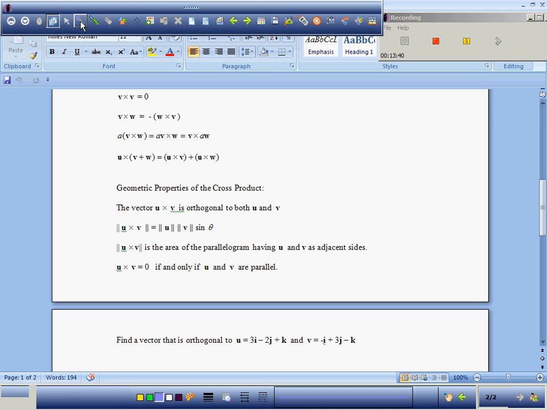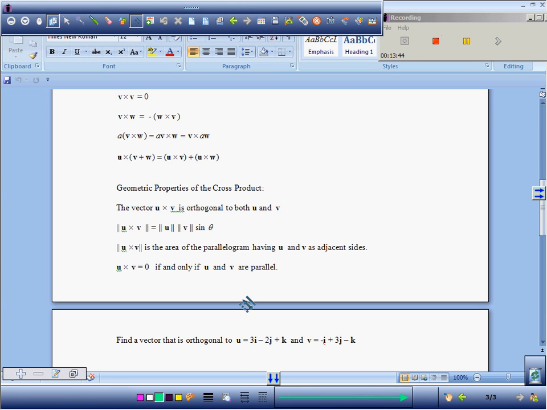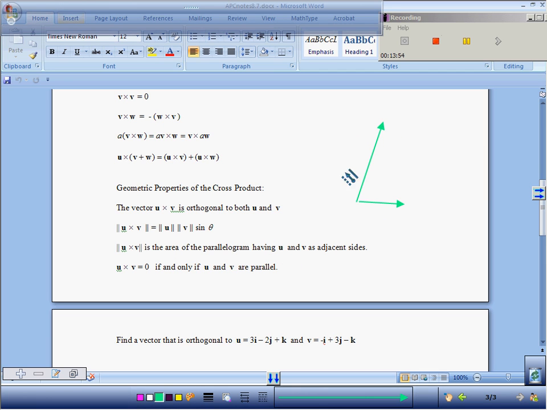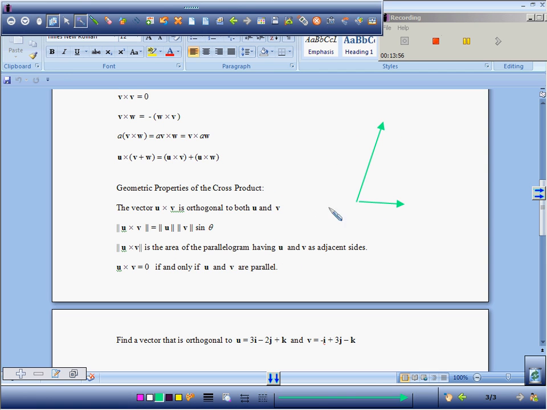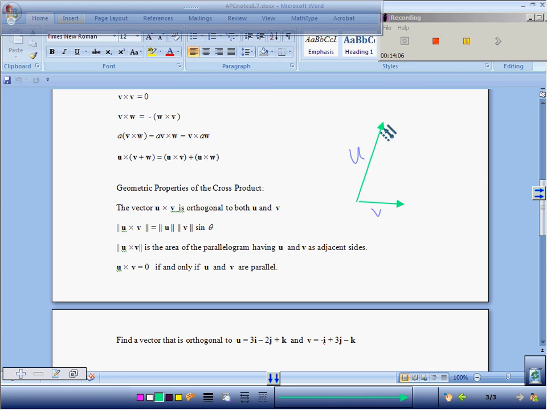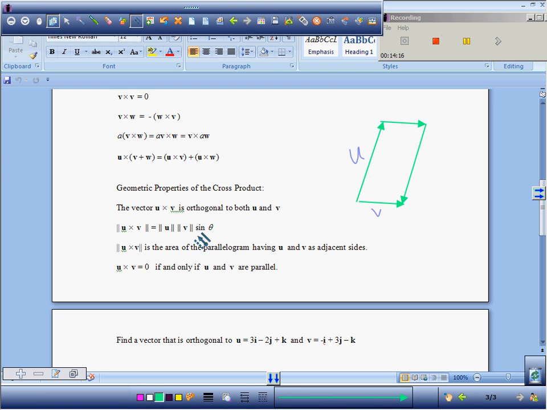So for example, if somewhere in space you have two vectors hanging out, like this and this, and I were to make a parallelogram and say this is vector U and this is vector V, if I took the cross product of those, I would get the area of a parallelogram that looks kind of like this. And I looked up in the book why that's true, and it has to do with this formula.